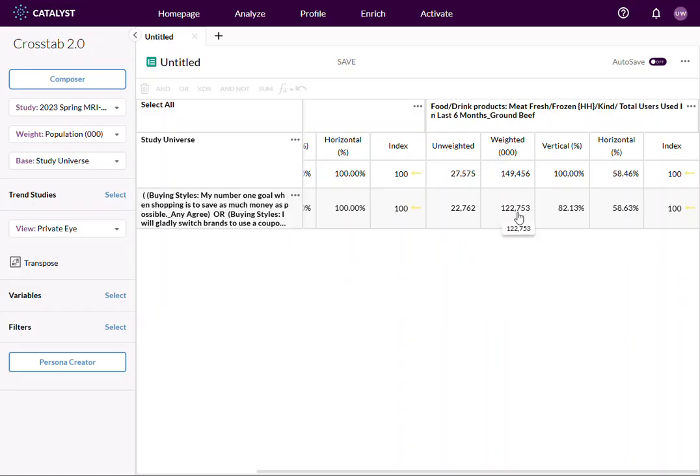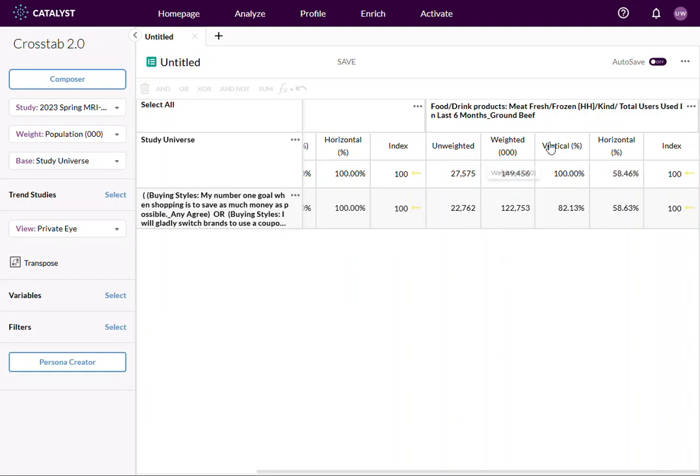That's your market size. So that's how you can figure out ground beef buying people who like to save money.